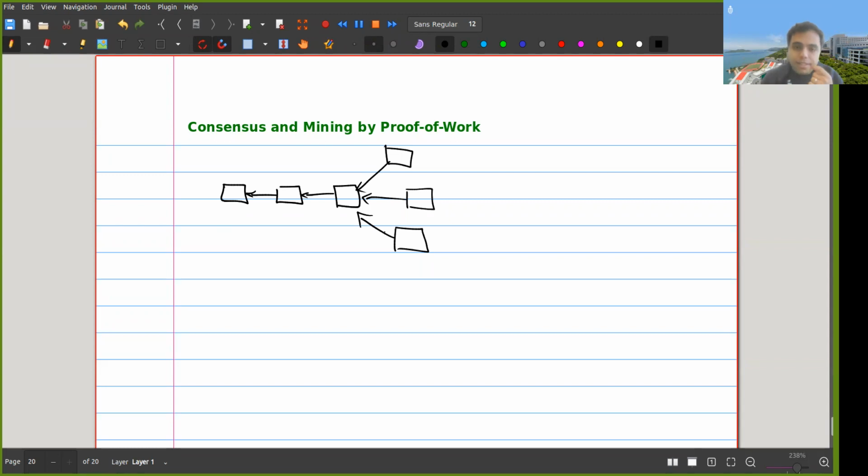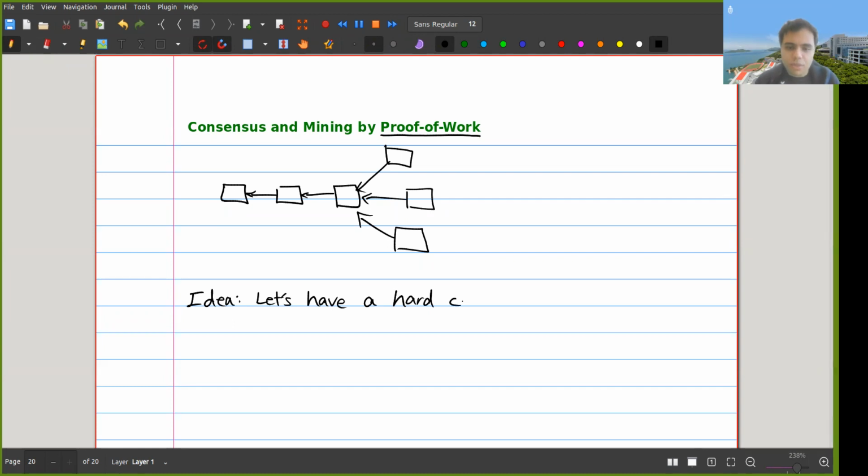And the answer that Bitcoin has for reaching this kind of consensus is called proof of work. And the idea is this. The idea is that we say, let's have a hard problem. And it can be any hard problem. It should be, of course, a computational problem. So let's have a hard computational problem.